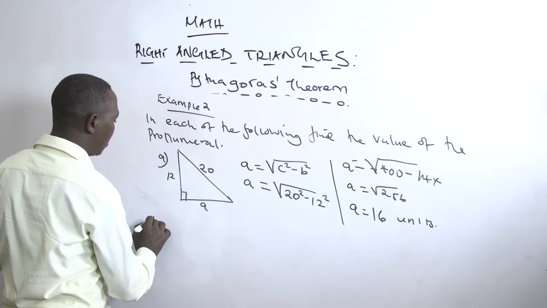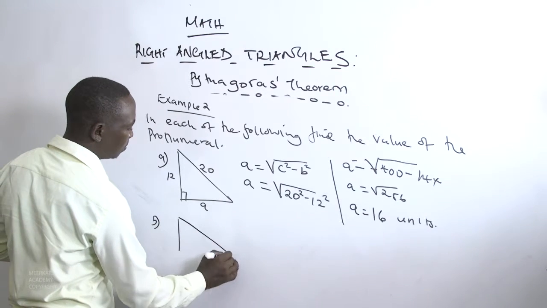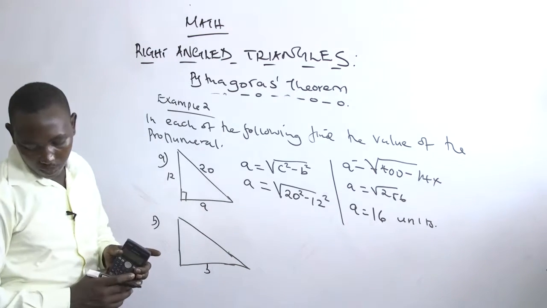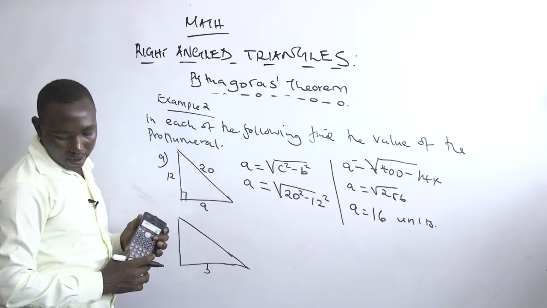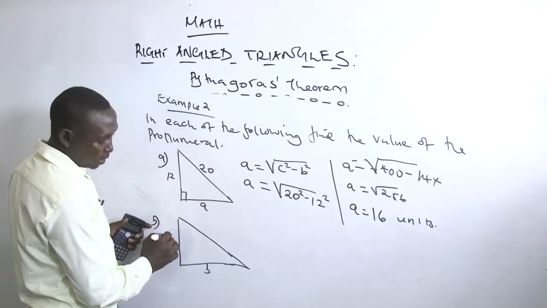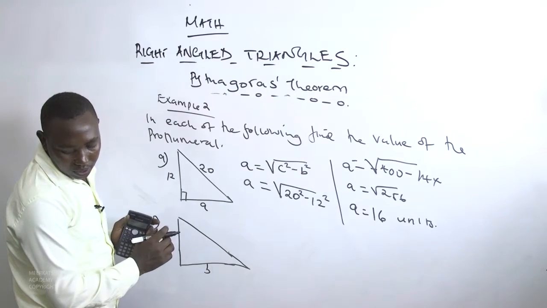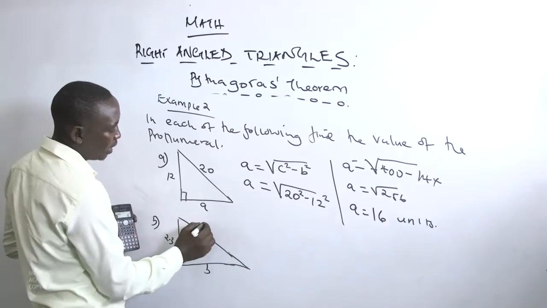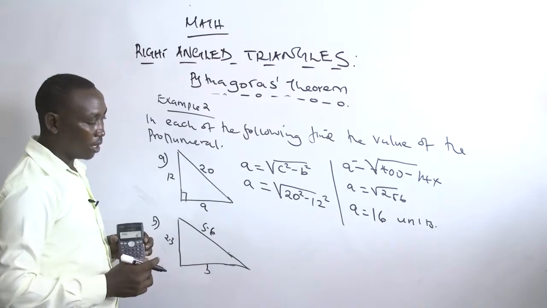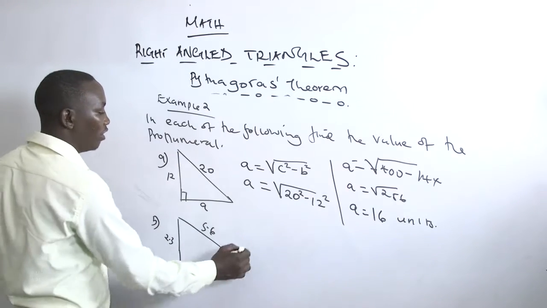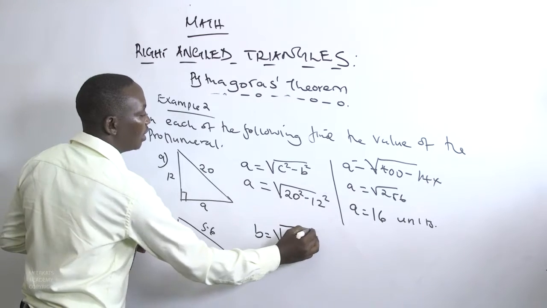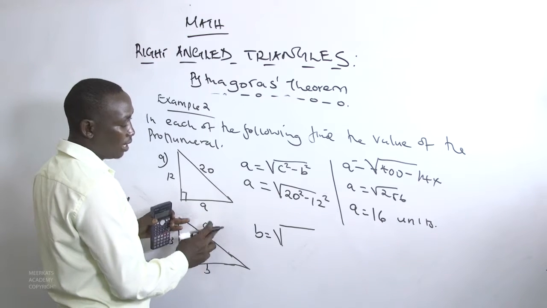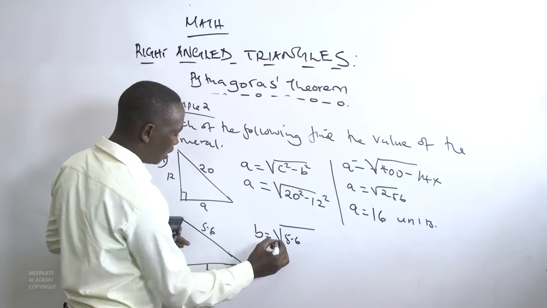Part B. We are told that this is B, which is the pronumeral we need to find. Then one of these other shorter sides is 2.3 units, and then the longer side is 5.6 units. Again, when we need to get the value of B, we find the square root of the difference of the longer side squared and the shorter side squared.